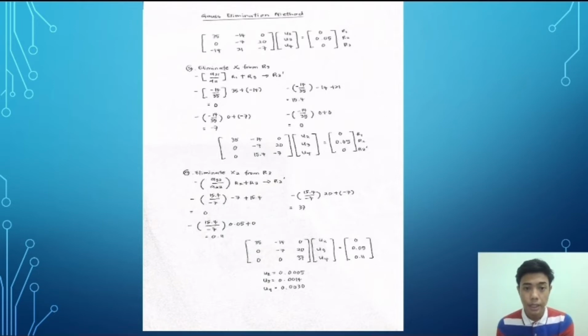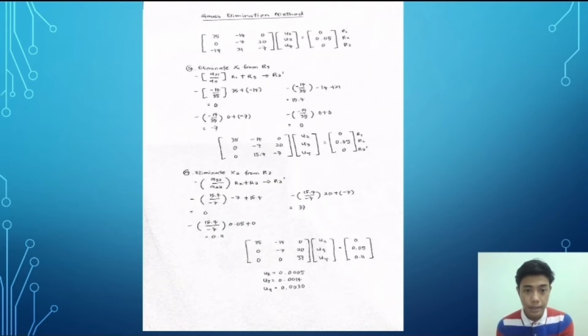And then we get the answer 0, 15.4, negative 7, and 0. So from that, we get the new matrices, which is 35, 0, 0, negative 14, negative 4, 15.4, 0, 20, and negative 7. So from that, you can see that we change the negative 14 to 0.